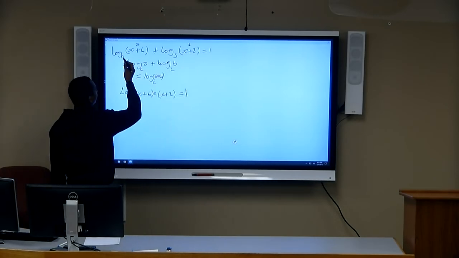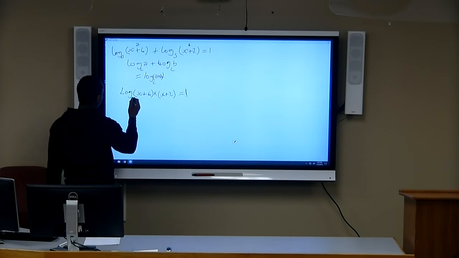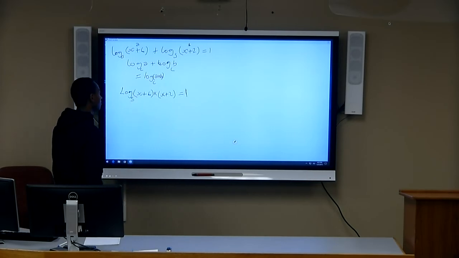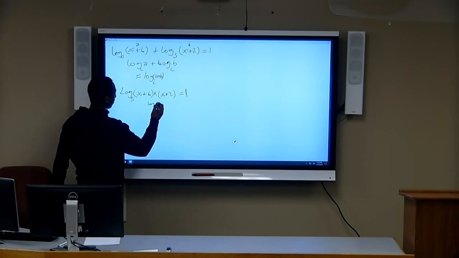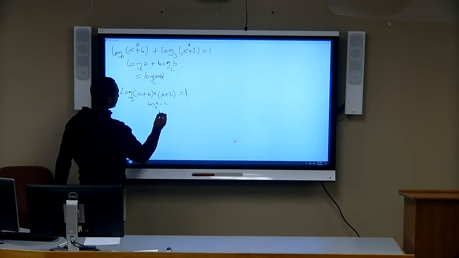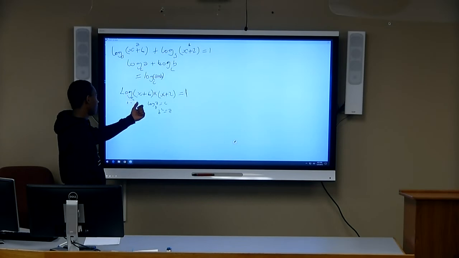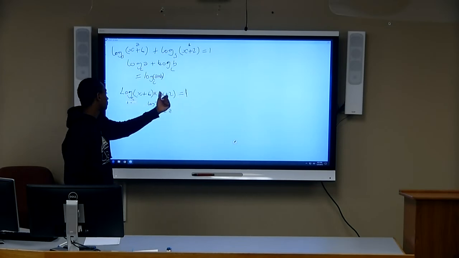The base is 5, this is 5, so the base is going to be the same, 5. What we did on the earlier question is, when log A base B is equal to C, it is the same as B raised to the power C is equal to A. We're going to get the same thing here. It's going to be 5 raised to the power 1 is equal to what we get here.